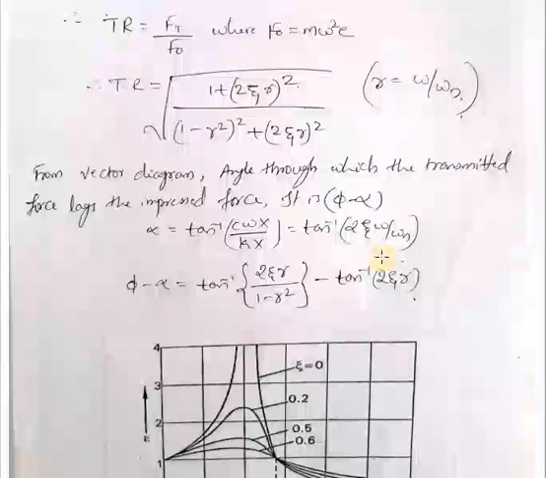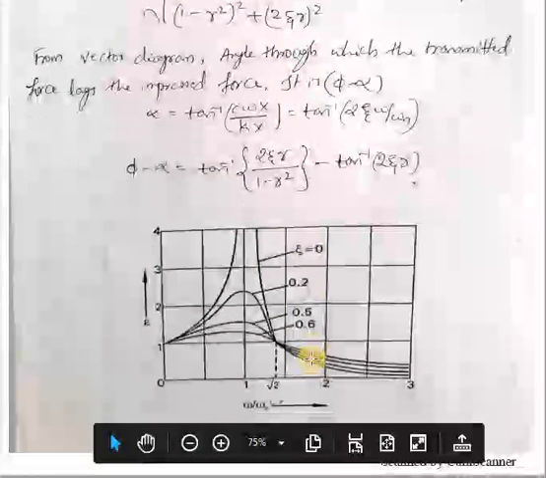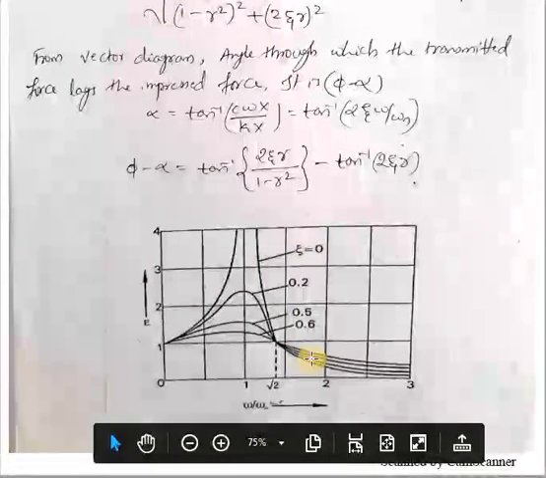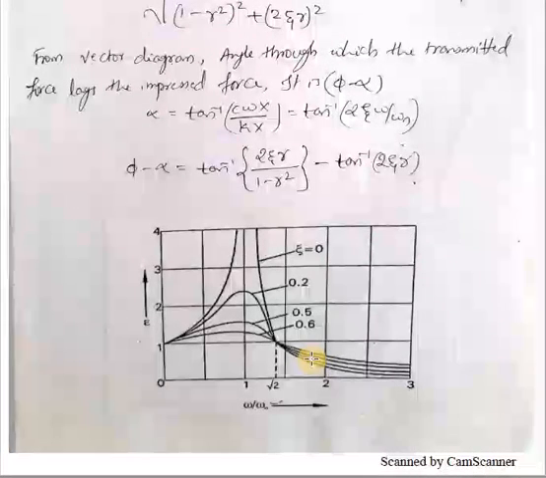Okay. Now this figure shows the plots of the transmissibility ratio against the frequency ratio, that is omega by omega n, for various values of damping factor.